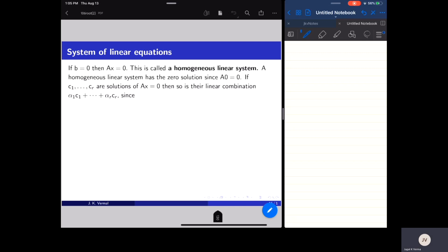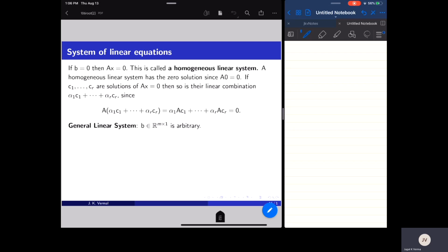Now, if c1, ..., cr are solutions of Ax = 0, then we can take a linear combination alpha1 c1 plus ... plus alpha r cr, and this is also a solution of the same homogeneous system, because A times (alpha1 c1 plus ... plus alpha r cr), by properties of matrix multiplication and linear combinations, is equal to alpha1 Ac1 plus ... plus alpha r Acr, and that is equal to 0.